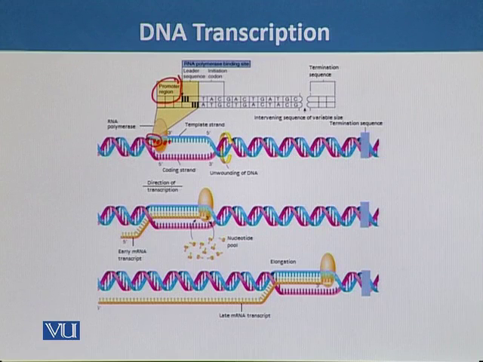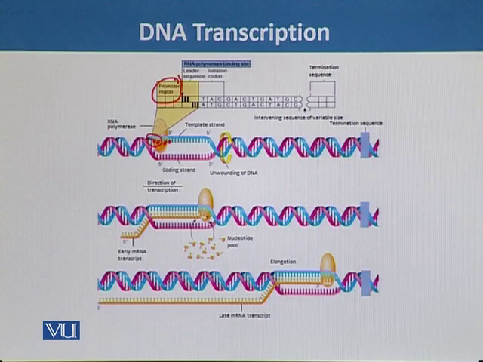It means that the binding of RNA polymerase is actually the process that includes the initiation. After the binding of RNA polymerase at the promoter region, the elongation step starts.